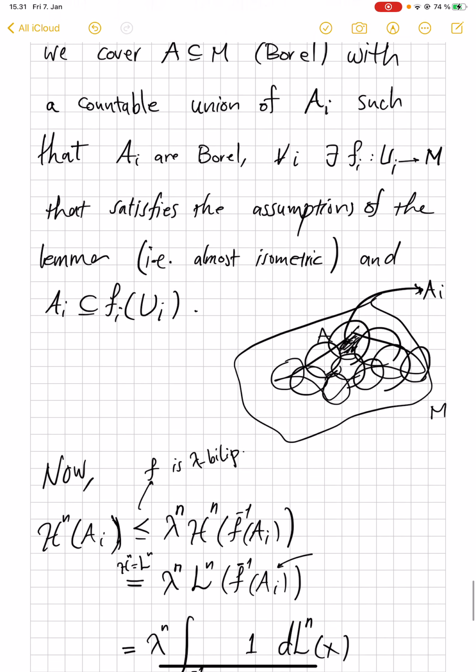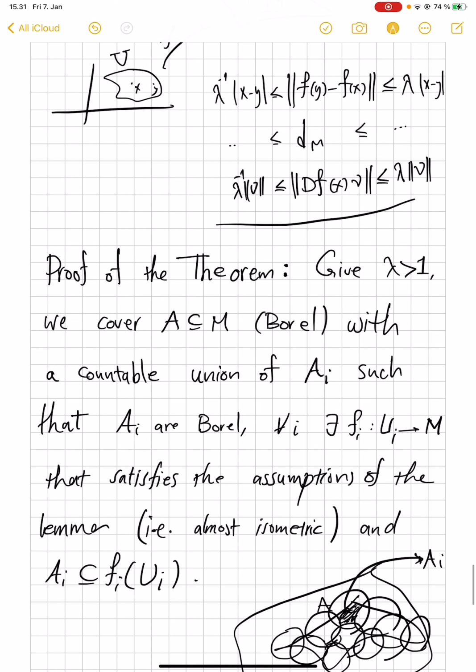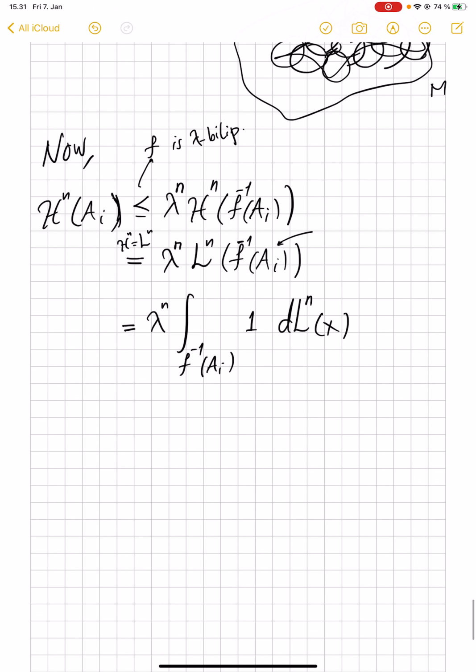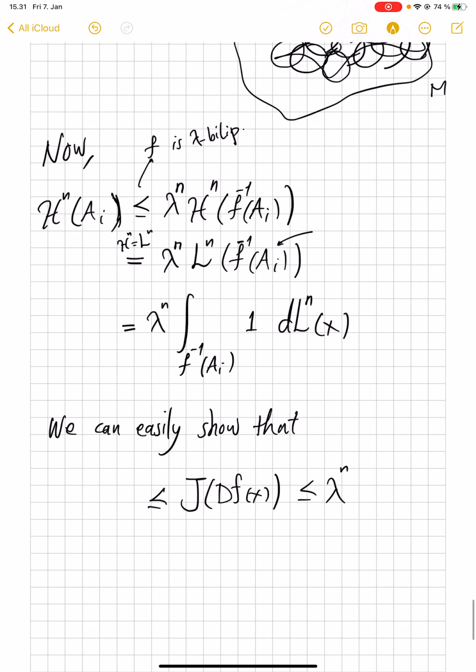From this fact that df of x is between this and that, we can easily show that the Jacobian of df_x is bounded by lambda^n and bigger than lambda to the power negative n.